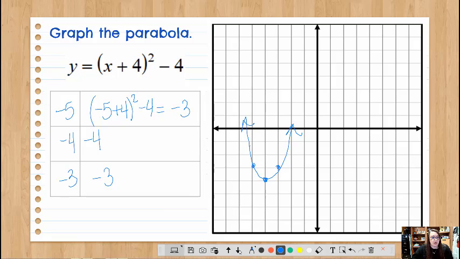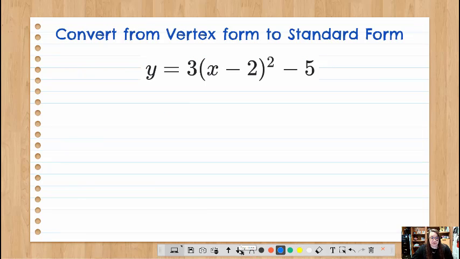All right. What if, though, we are given it in vertex form and we're being asked to put it into standard form? In this case, we just need to simplify. With simplifying, as a reminder, we are working with PEMDAS. First, dealing with parentheses, there's nothing to simplify within the parentheses, so I have to do the exponent. The exponent is a quantity squared, so I'm going to write it out twice so that I can FOIL it.